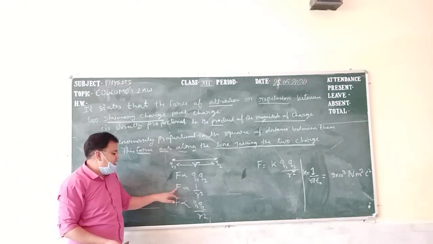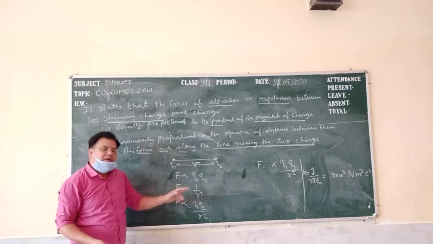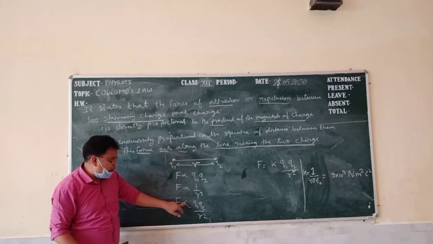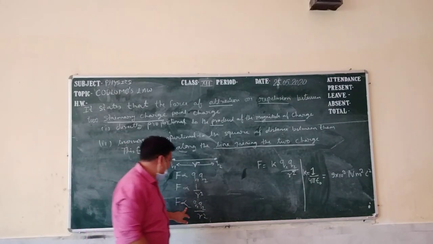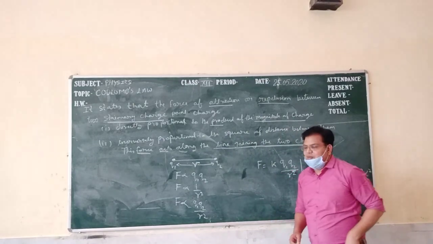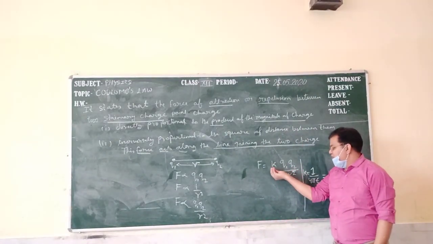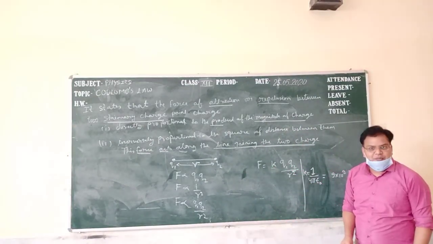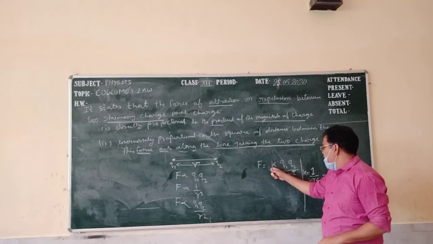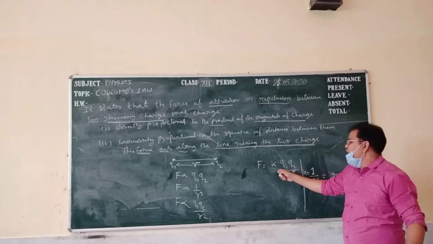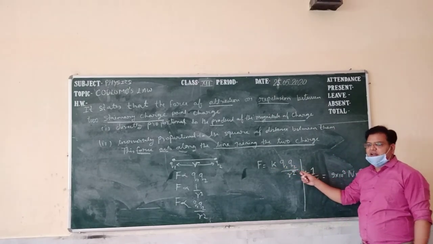We can also say directly proportional to 1 upon r square. F is directly proportional to Q1 Q2 upon r square. When the proportionality sign is eliminated, a constant k comes in, the proportionality constant. F equals k Q1 Q2 upon r square.